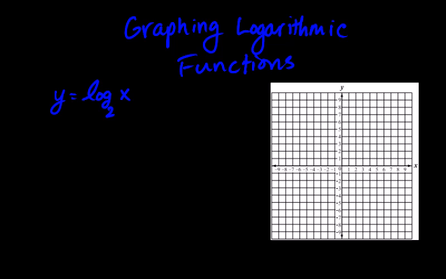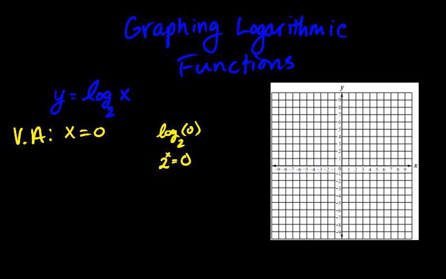A couple key components to a logarithmic function. There is a vertical asymptote, and it is at x equals 0 in this problem, because for a logarithm, you can't plug 0 in for x. It is impossible to do the log base 2 of 0, because 2 to some power cannot equal 0, right?